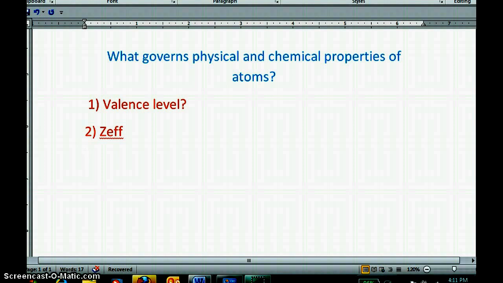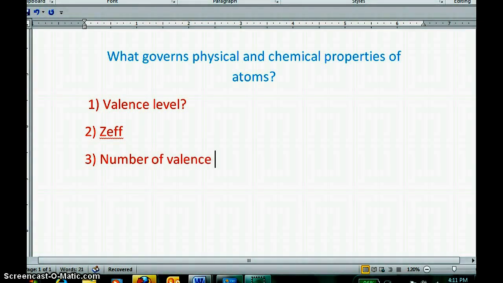Greater effect is going to result in a different behavior of an atom than if there's less of an effect on those valence electrons. Last and least, but it still plays a role in some situations, is the actual number of valence electrons in determining behavior of atoms.